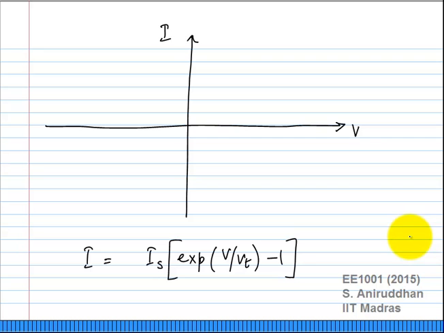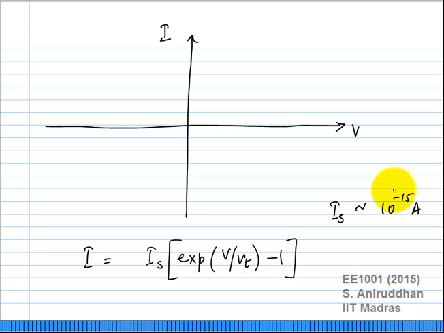For a typical diode, this value of Is is very, very small, maybe 10 power minus 12, 10 power minus 15 amperes, which obviously is very much smaller than the kinds of numbers we have been looking at so far. And it's usually much smaller than the numbers you will be dealing with in a majority of cases.